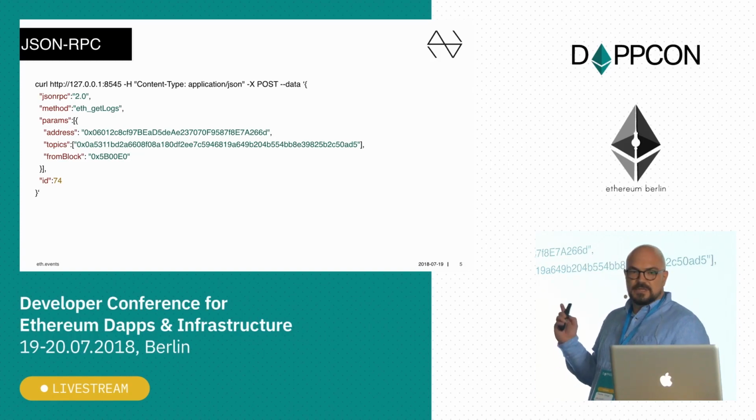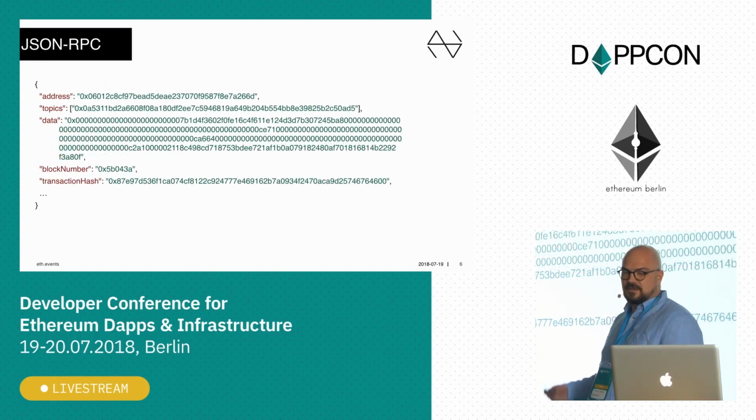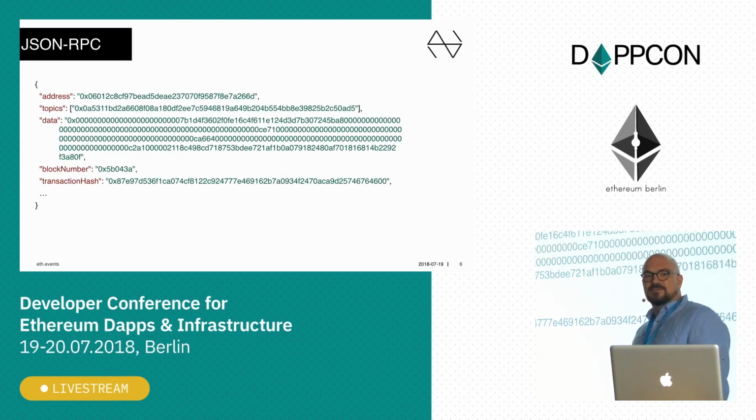And once you send this call, you get back this information, which is the address and topic you were looking for. You will actually get a lot of these objects back. And there is a big data string, which we will look into now in more detail.